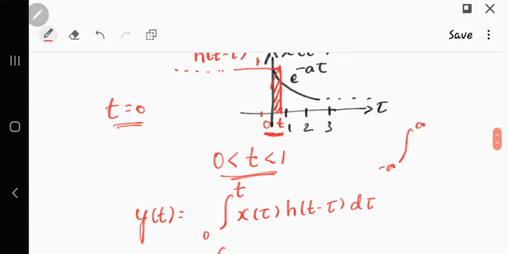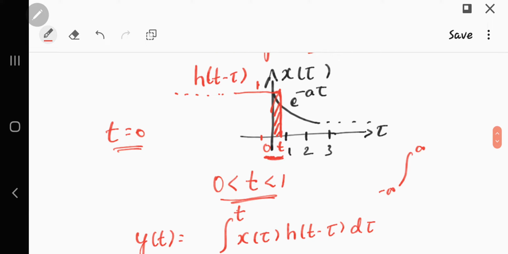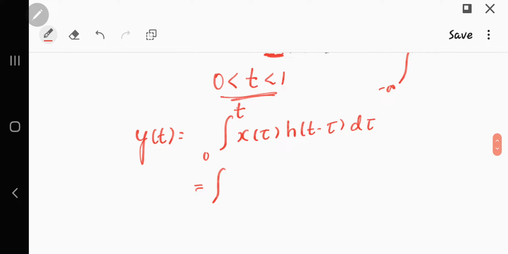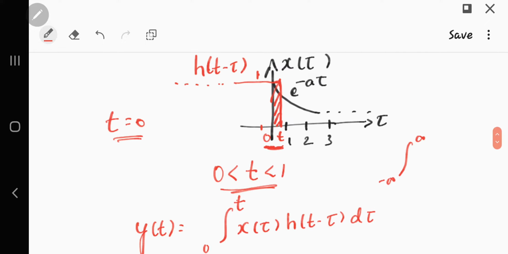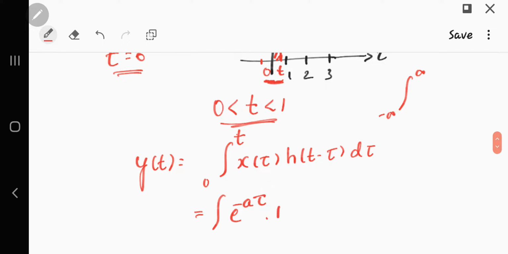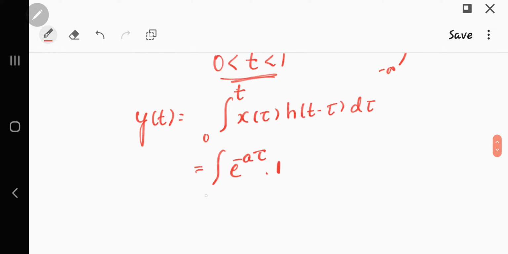The value of x of tau, you can see it is an exponential signal, e power minus a tau. Because it is an exponential signal, it will be the same throughout, e power minus a tau into, then what is the value of h of t minus tau? The value of h of t minus tau is 1, because the amplitude is 1 here, and the limit remains the same, 0 to t d tau.